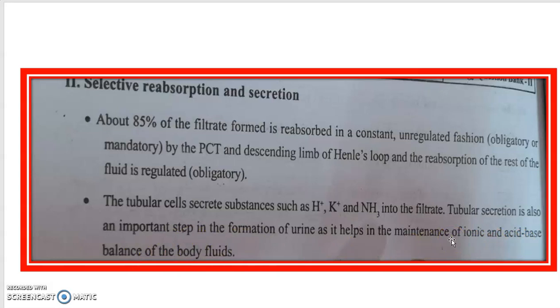Our body fluids' acid base balance has to be maintained properly. You learned earlier what the pH value of our blood is. The pH value of our blood is 7.4. Any disturbance in this pH value can lead to the death of that person.